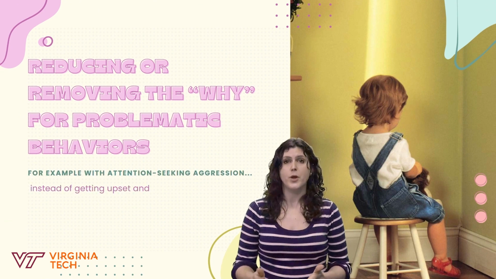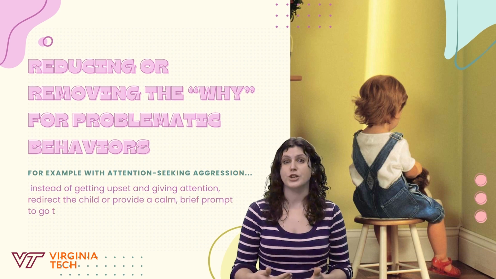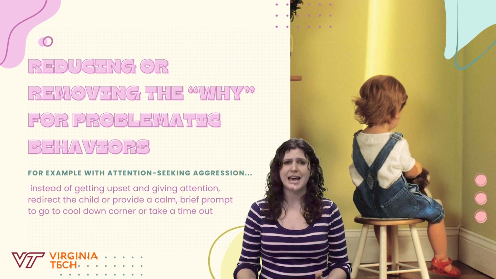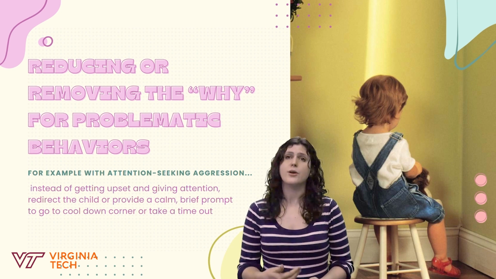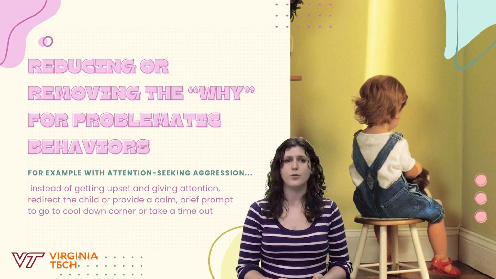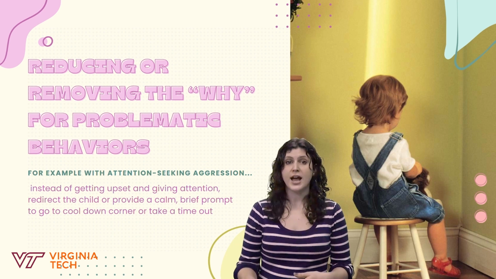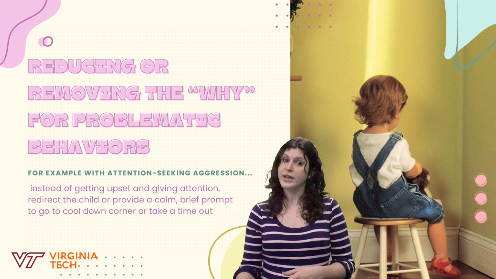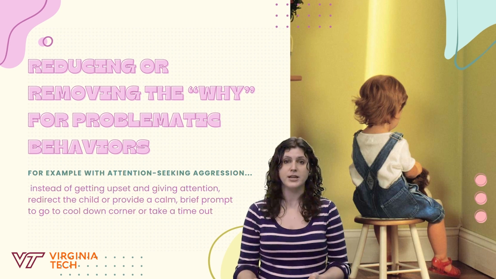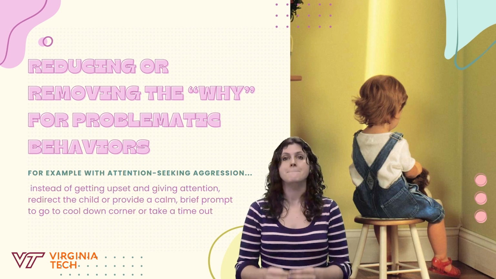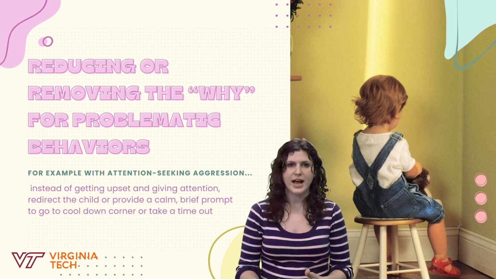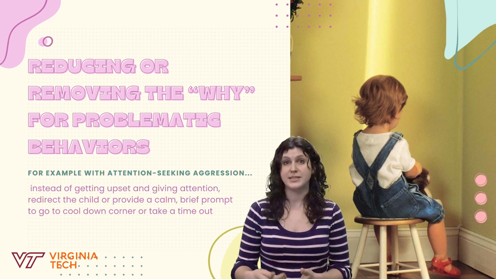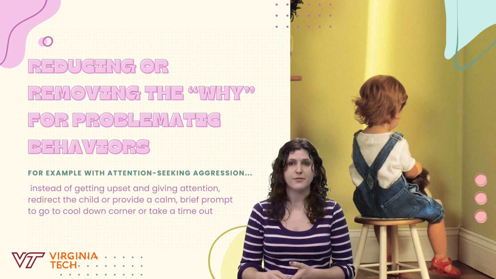For example, when attention-seeking aggression occurs, such as hitting you during a tantrum, rather than getting upset and giving attention to the child that reinforces that problematic behavior, you can redirect the child or provide a calm but brief prompt for them to go to their cool-down corner or to take a timeout, where you're then providing minimal attention, not giving eye contact to the child, as a way to help them have time to calm down while still keeping them safe.